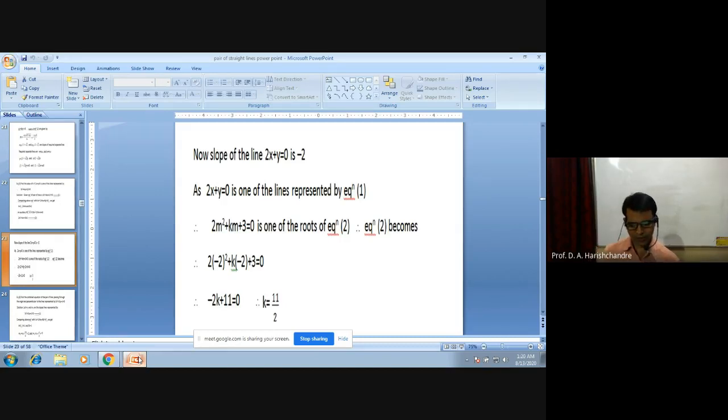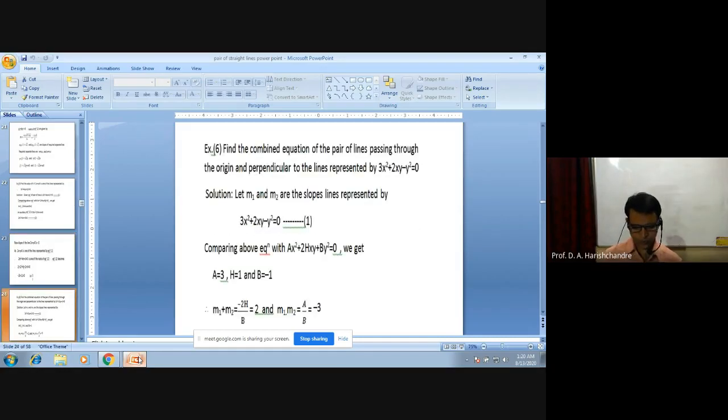So 2m square plus km plus 3 is equal to 0 becomes 2 into bracket minus 2 square plus k into minus 2 plus 3 is equal to 0. Simplify this, so we are getting minus 2k plus 11 is equal to 0. After simplification you will get the value of k to be 11 by 2.